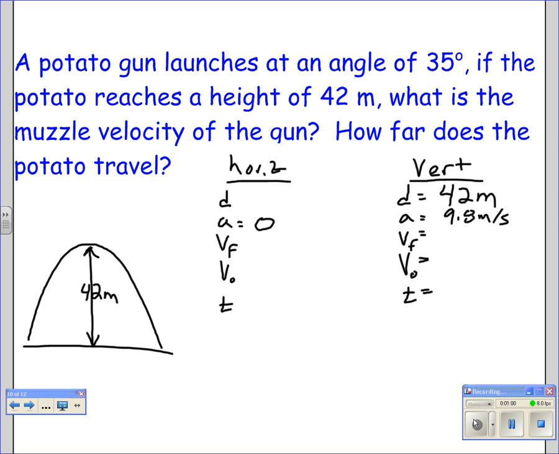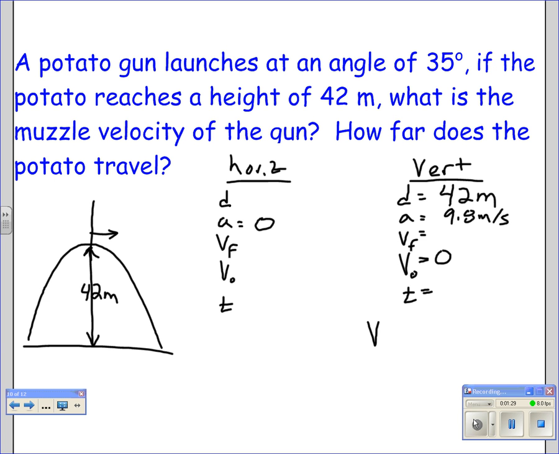If we talk about the last half of this flight, that part in here, then we know that the initial velocity was 0, because it then starts to fall. All right, so we could figure out how fast it's going just before it hits the ground.